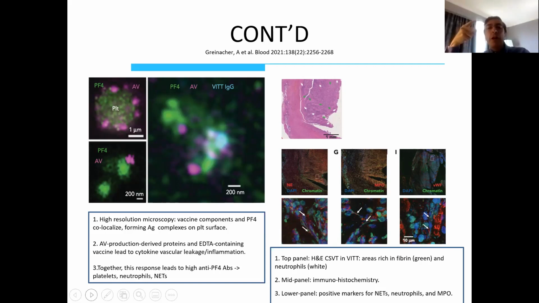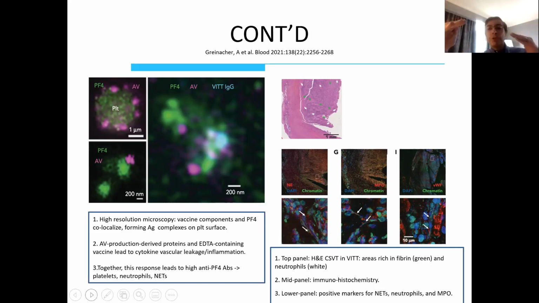This is a 2-hit phenomenon. The second hit comes from the fact that, and I won't be able to share all the pictures, it's a lecture in itself, adenovirus-based vaccines have products derived from their content. These are proteins that, in addition to the EDTA contained in those vaccines, will trigger cytokine-related vascular leakage in an animal model. So this type of vaccine leads to a hyperinflammatory response.